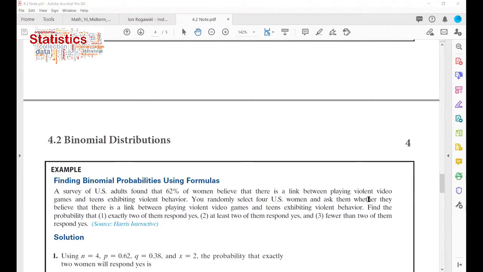And ask them whether they believe that there is a link between playing violent video games and teens exhibiting violent behavior.